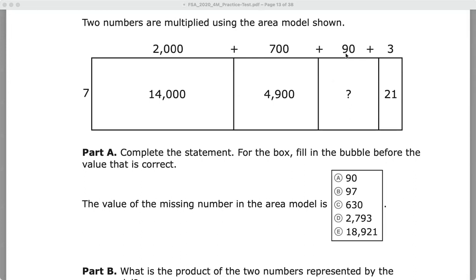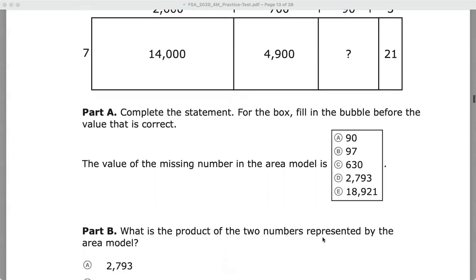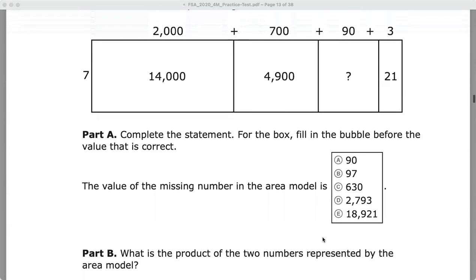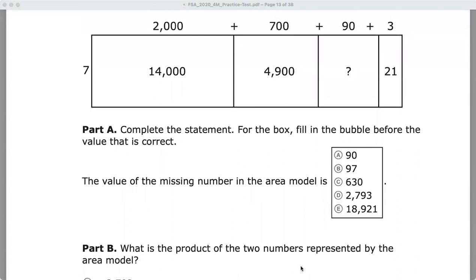So 7 times 9 is 63. 7 times 90 is going to be 630. So 630 is that missing value.